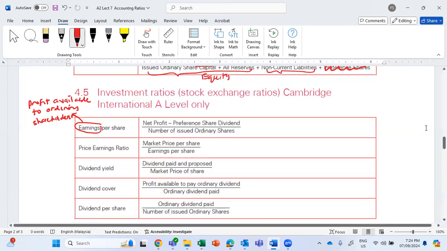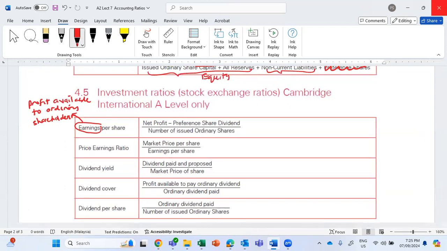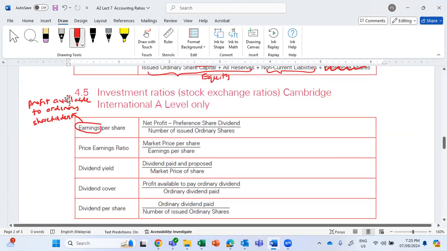The profit that is available to shareholders is after deducting everything, expenses, after paying off finance costs, and after paying off the tax. That is profit available to ordinary shareholders, so it's also called earnings.